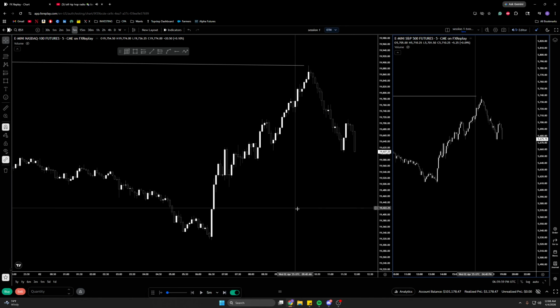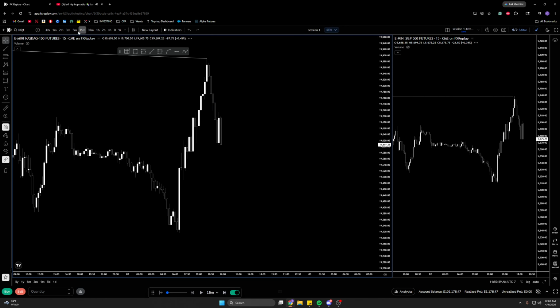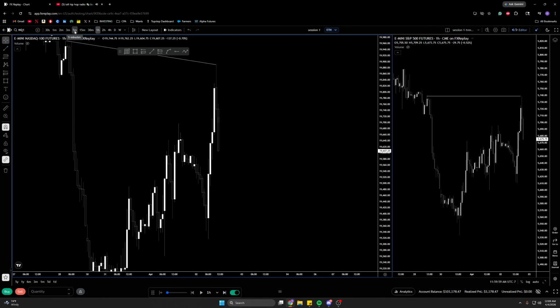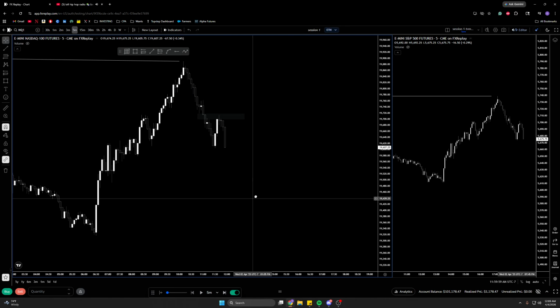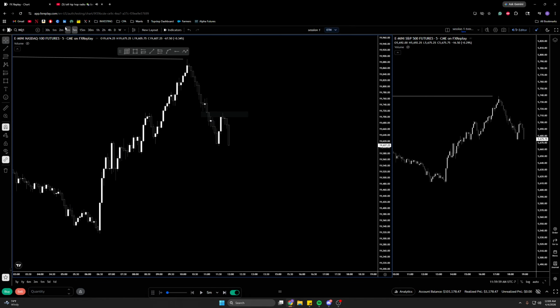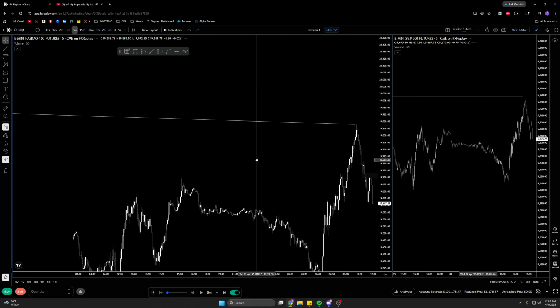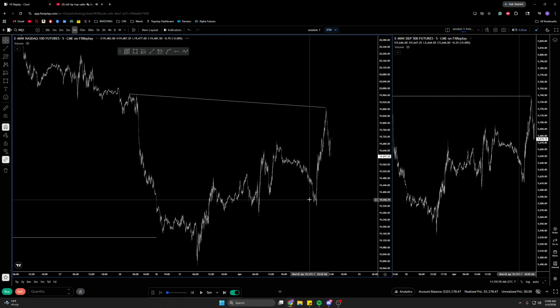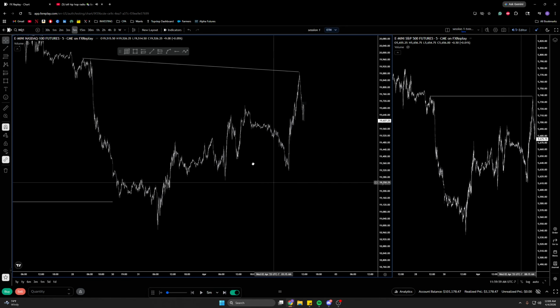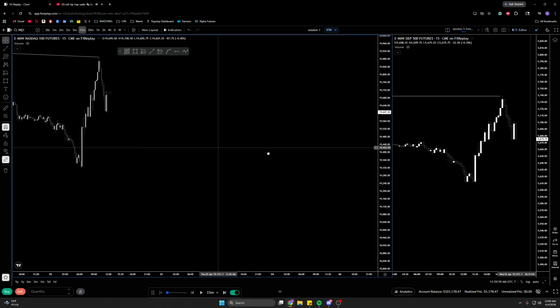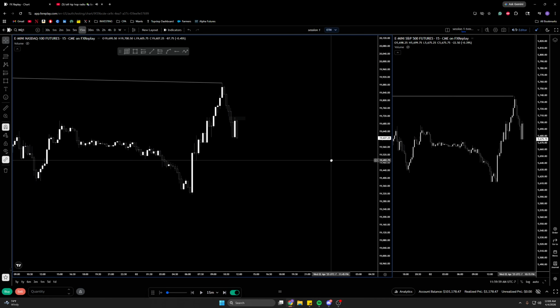Oh, fuck. Okay, looks like this SMT was valid, right? Looks like this SMT was valid. Huh.